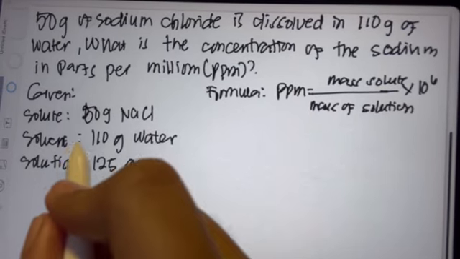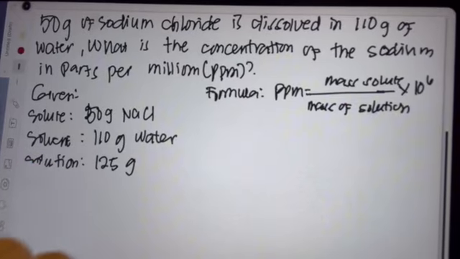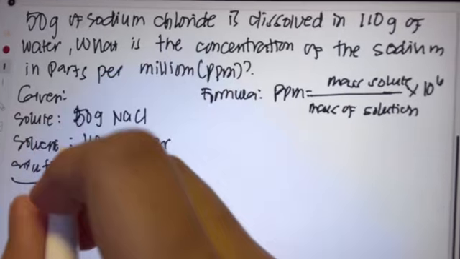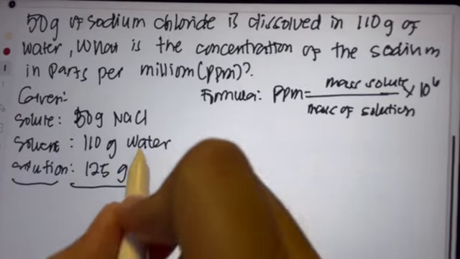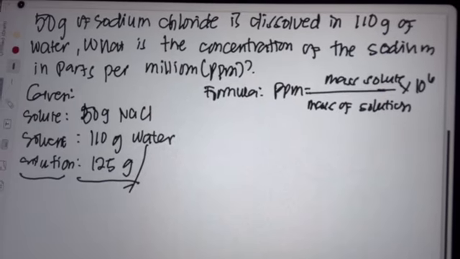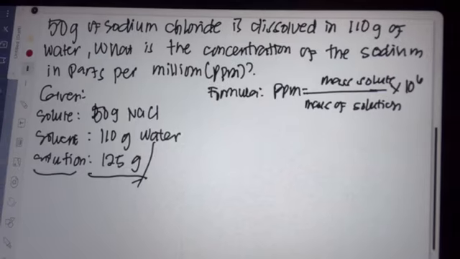Then the solvent is 110 grams of water. For the solution, we will just add the 50 plus 110 grams of water, which is equal to 125 grams. For the formula, ppm is equal to mass of solute over mass of solution times 10 to the power of 6.